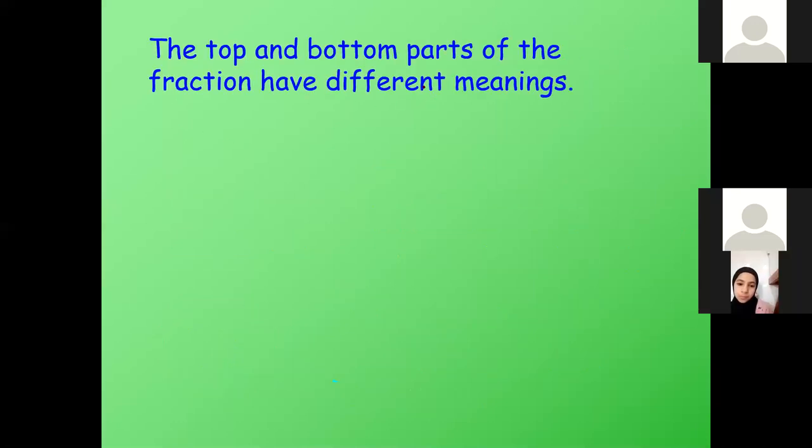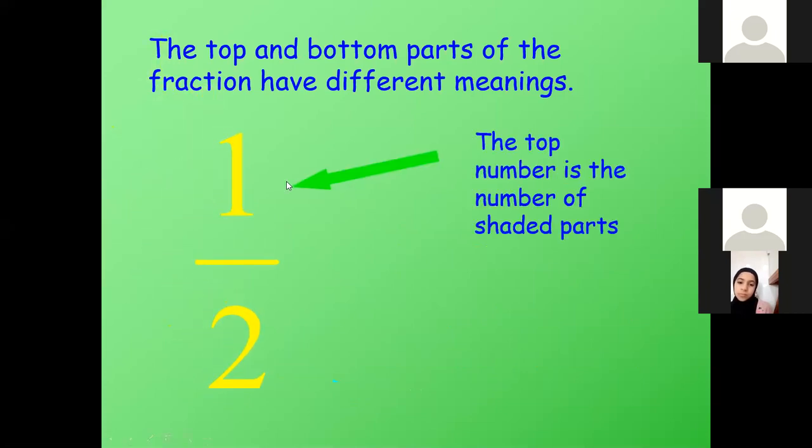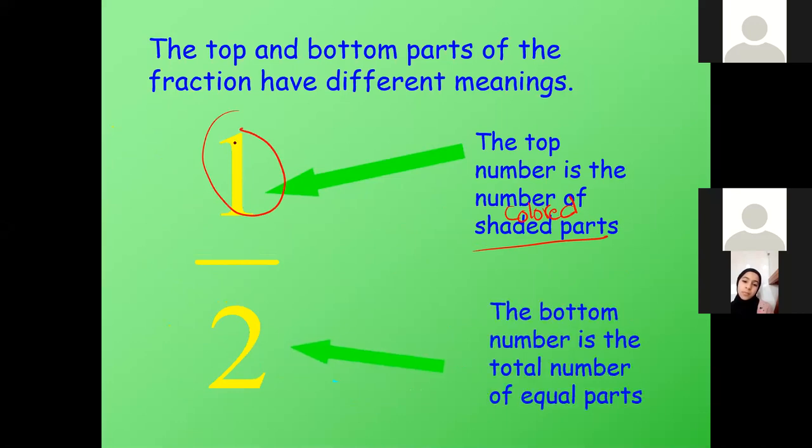The top and the bottom parts of the fraction have different meanings. The top number is the number of shaded or colored parts. Whereas the bottom is the total number of equal parts. So, one represents the number of colored parts.